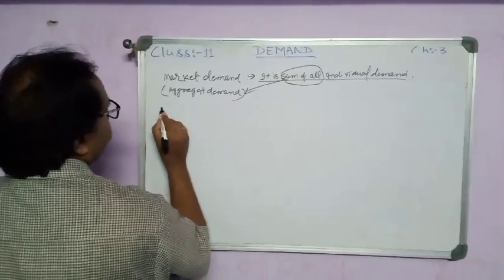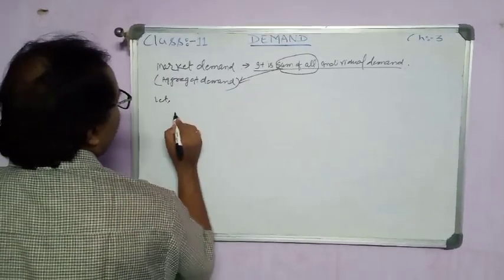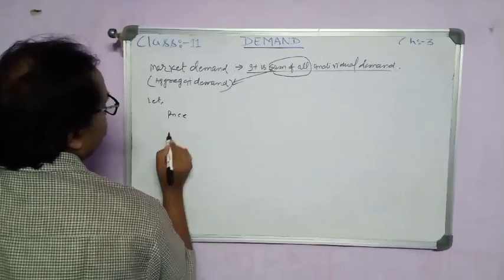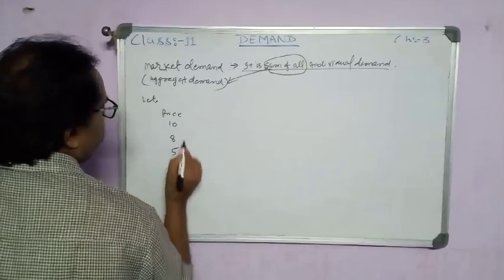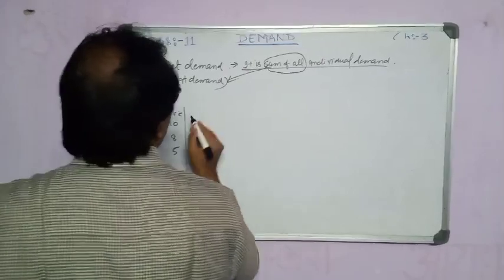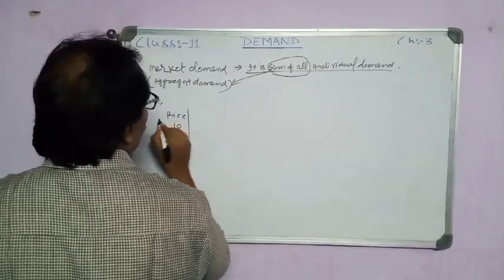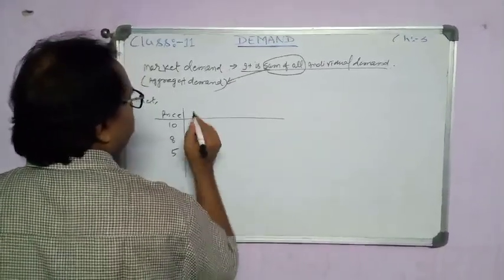So let the price be given, suppose 10, again 8, 5. Here there are 2 or 3 different persons.